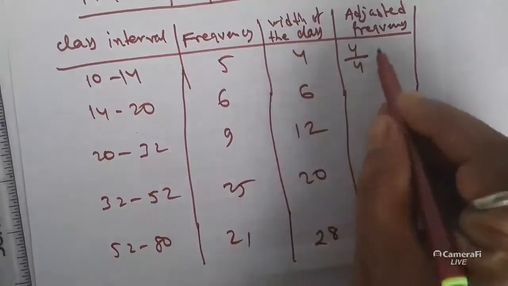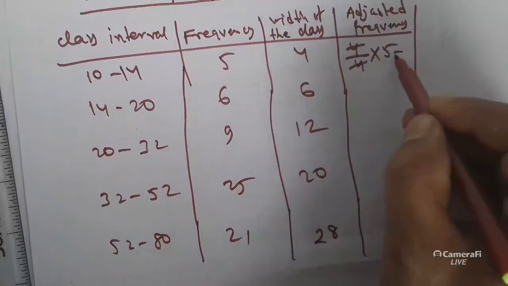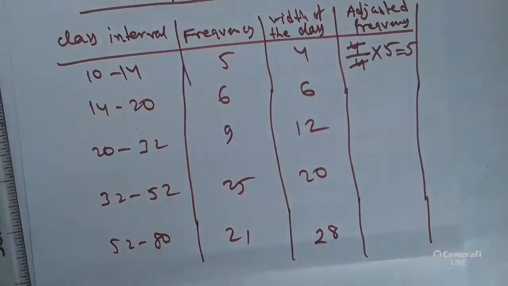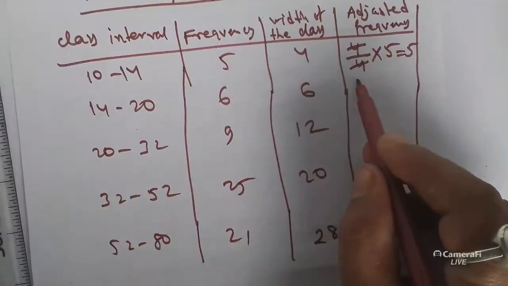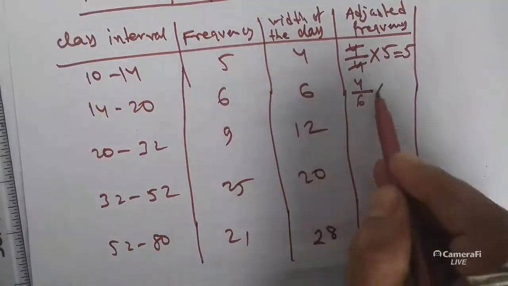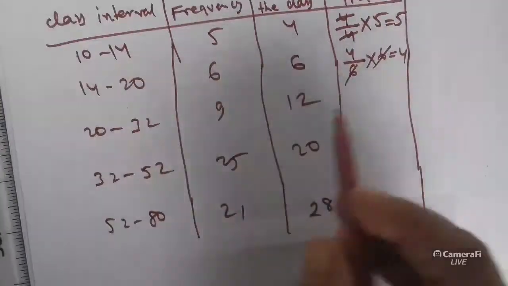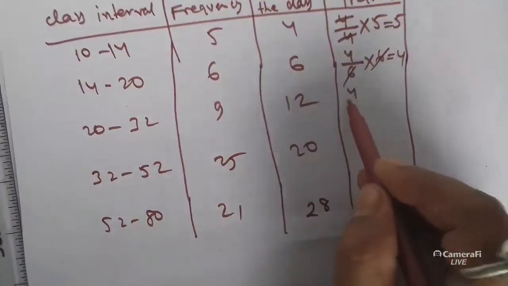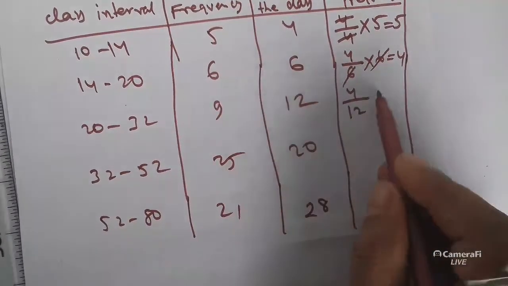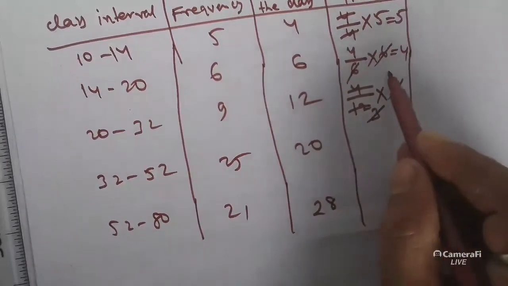Here it is 4 also, so the 4 will cancel, and 5 will be the adjusted frequency. Here the small class width is 4, the real class width is 6, and the frequency is 6, so it will be 4. And here the small class width is 4, the real class width is 12, and the frequency is 9. So calculate it.